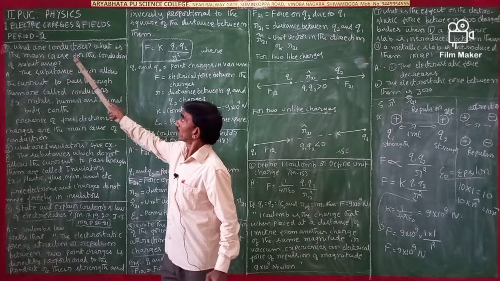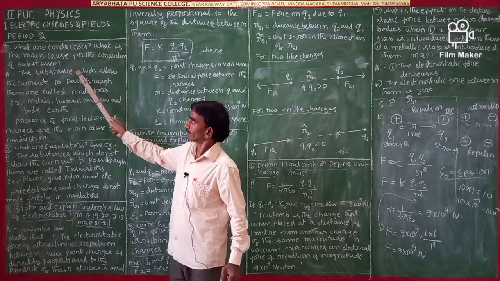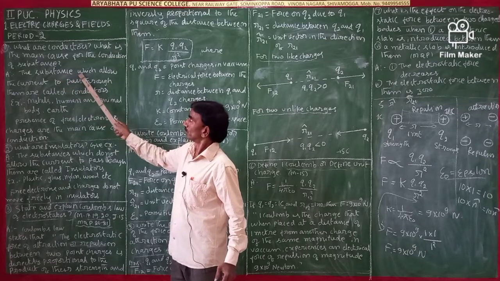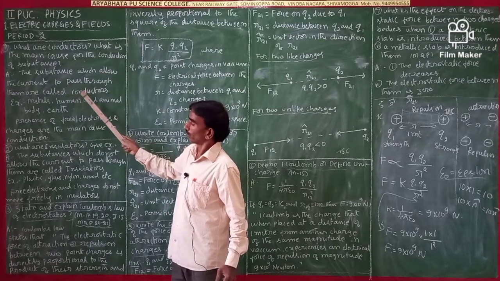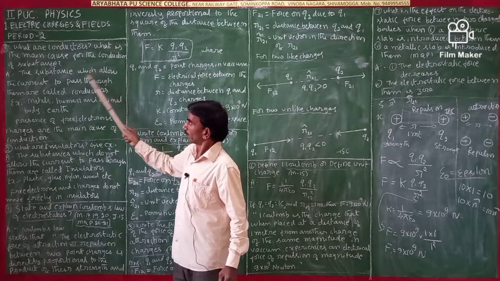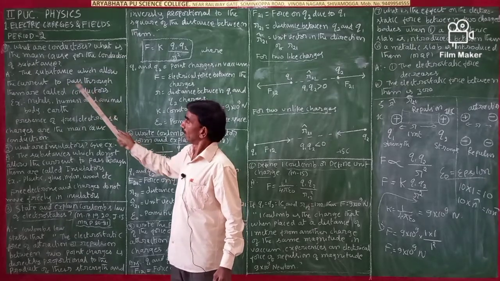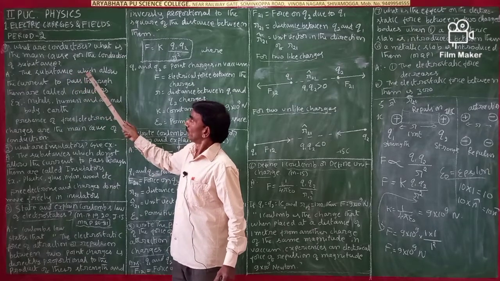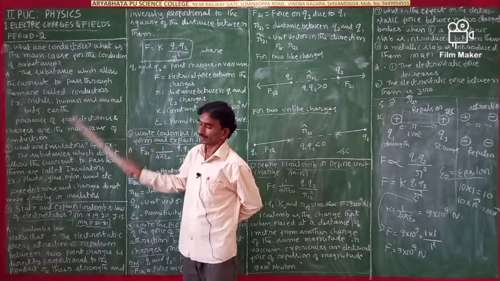Next, what are conductors? What is the main cause for the conduction of substance? The substances which allow the current to pass through them are called conductors.